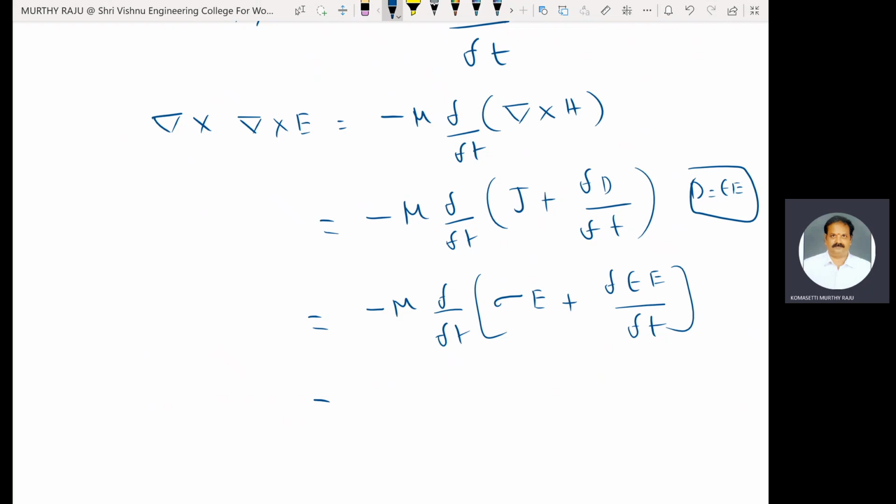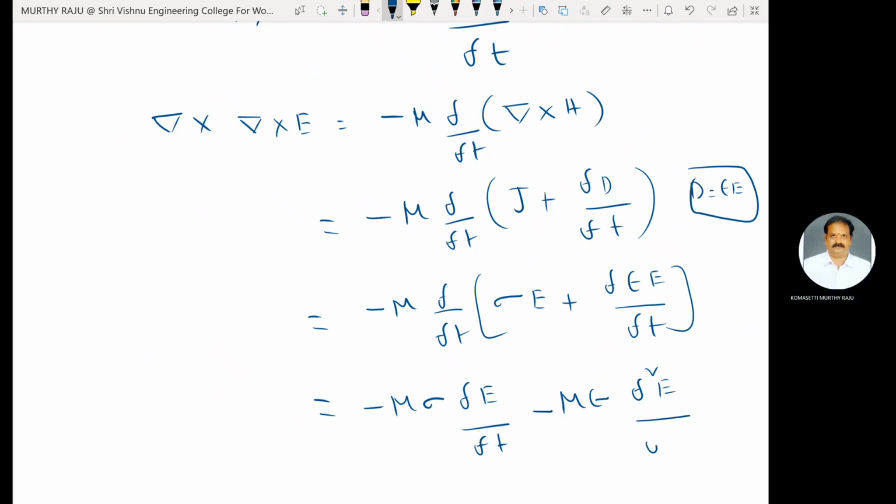That is equal to minus mu sigma dou E by dou t minus mu epsilon dou square E by dou t square.